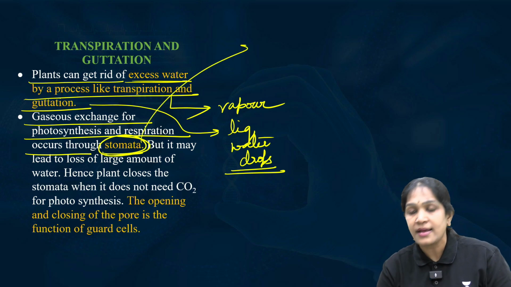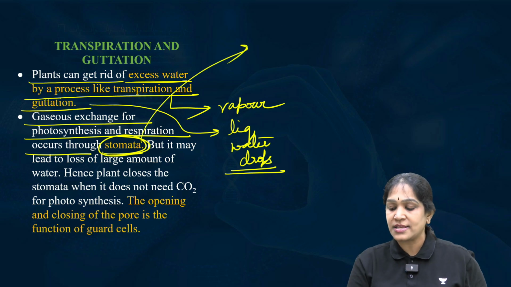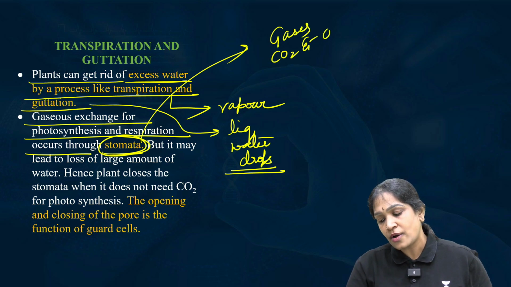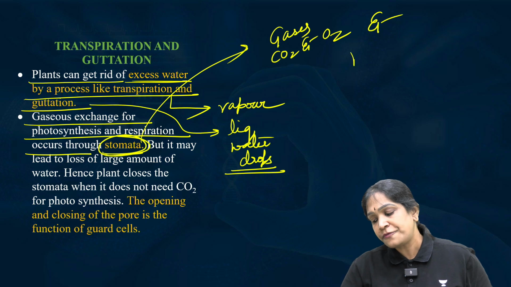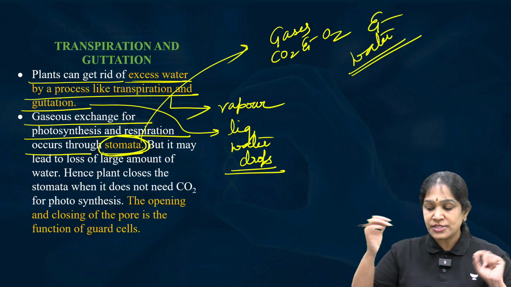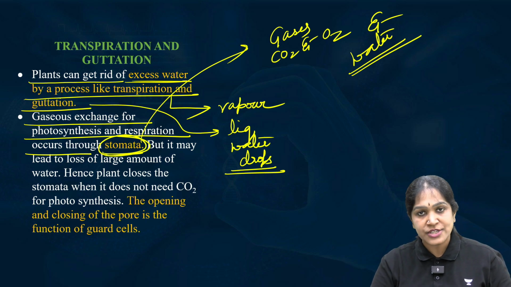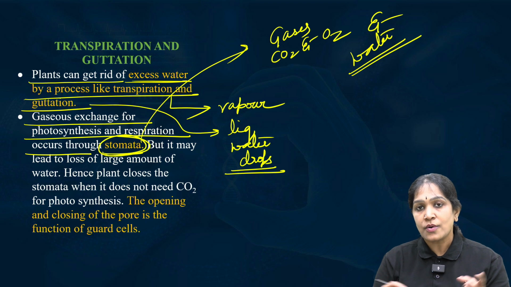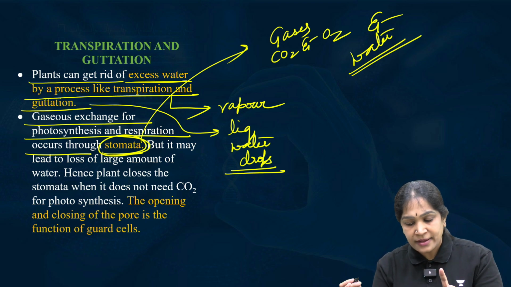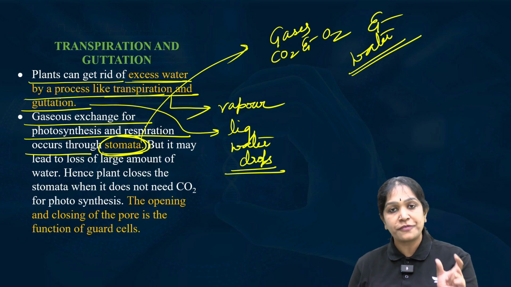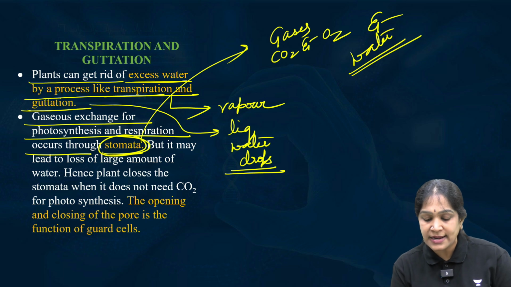So stomata are the pores for two things. One is gases, that is carbon dioxide and oxygen, and also for water. For the entry and exit of carbon dioxide and oxygen, and also for the water. The excess water going out in the form of vapor is called transpiration, and the excess water from the plant going out in the form of liquid water is called guttation.